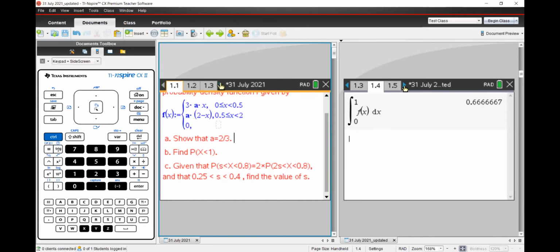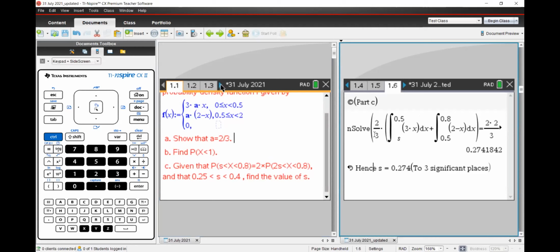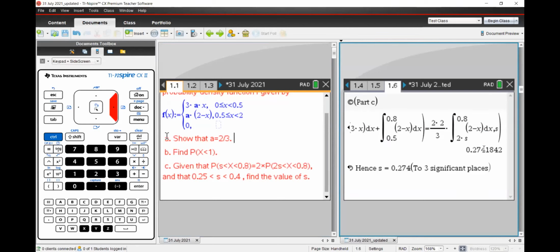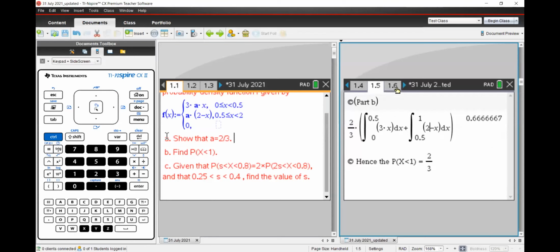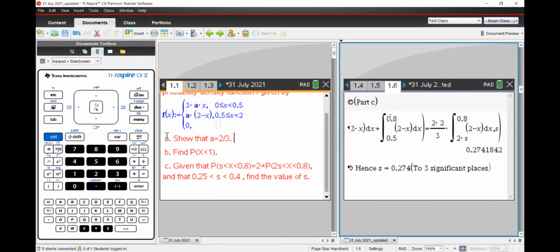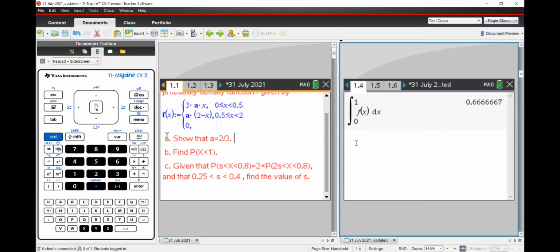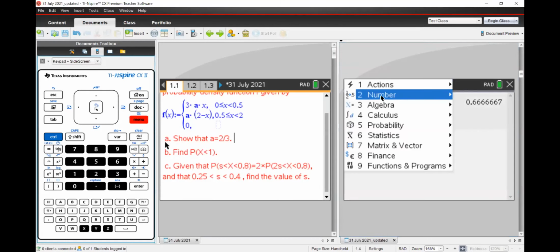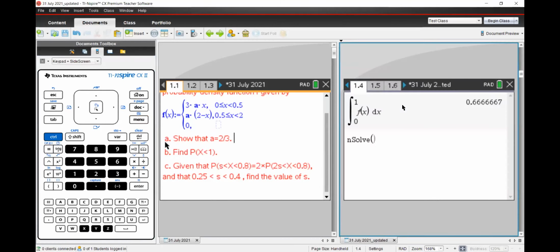Here, one way of doing it is writing the whole equation, LHS from s to 0.8, and then equal to 2 times 2s to 0.8. But as you have seen, we have defined the function. We can use that feature of the calculator, and we'll just go to algebra and solve.